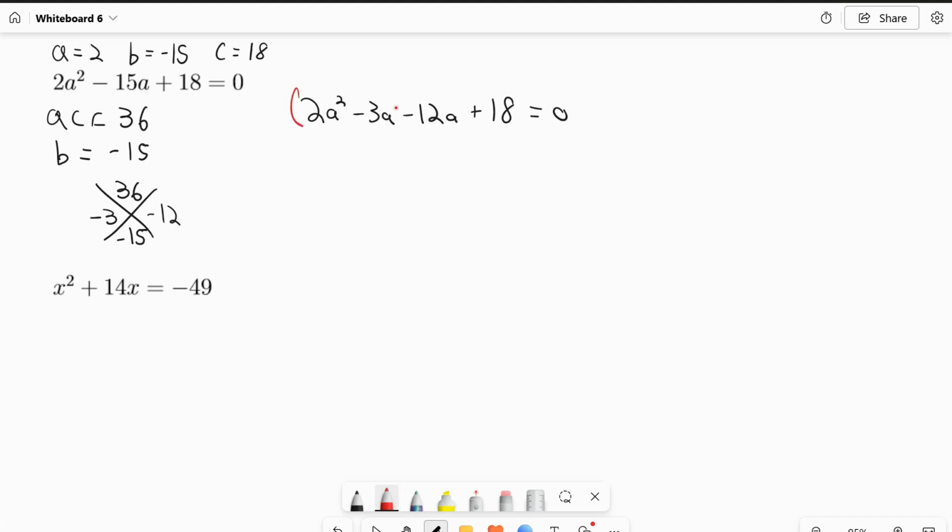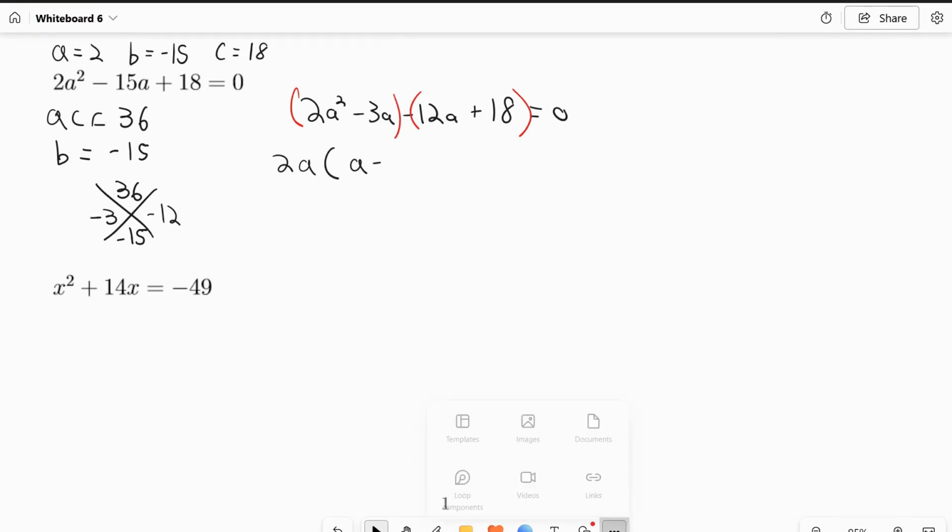Now I'm going to group my first two terms and my last two terms, and factor out the greatest common factor of both groups.